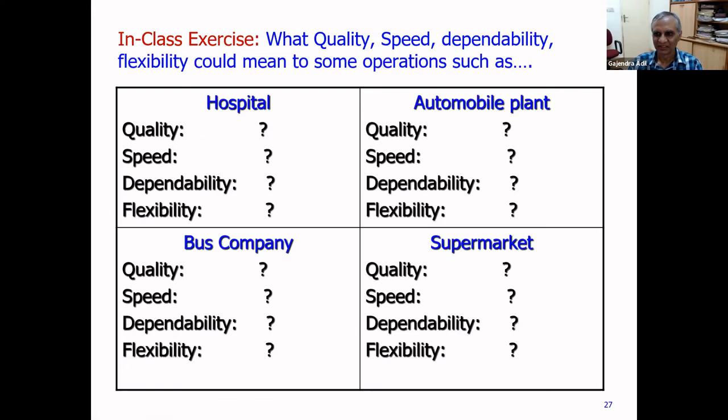Can you be at the highest possible level in each of these aspects? So let's say quality, I'm #1 in quality as compared to competitors. Speed also I offer, which is the best. Dependability is the best. Flexibility is the best. Is it possible to get all these at the highest possible level in the same organization?